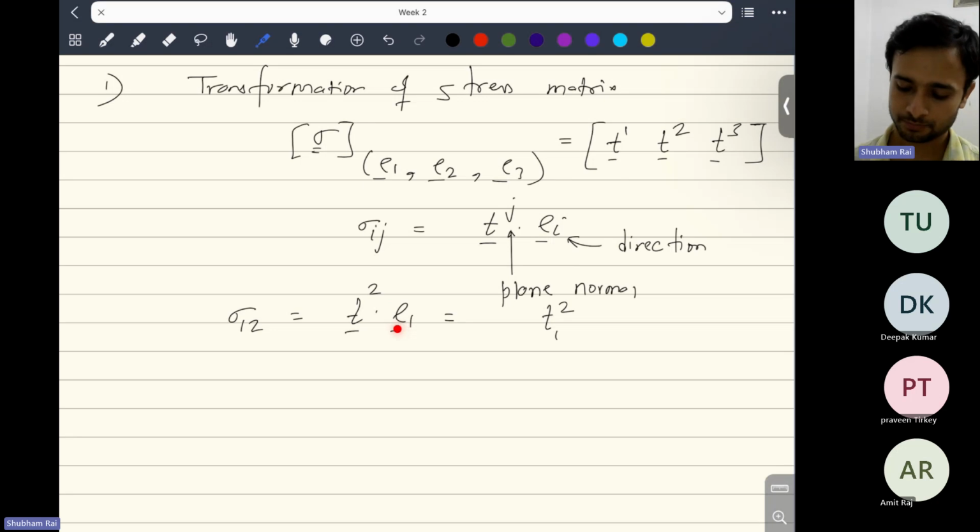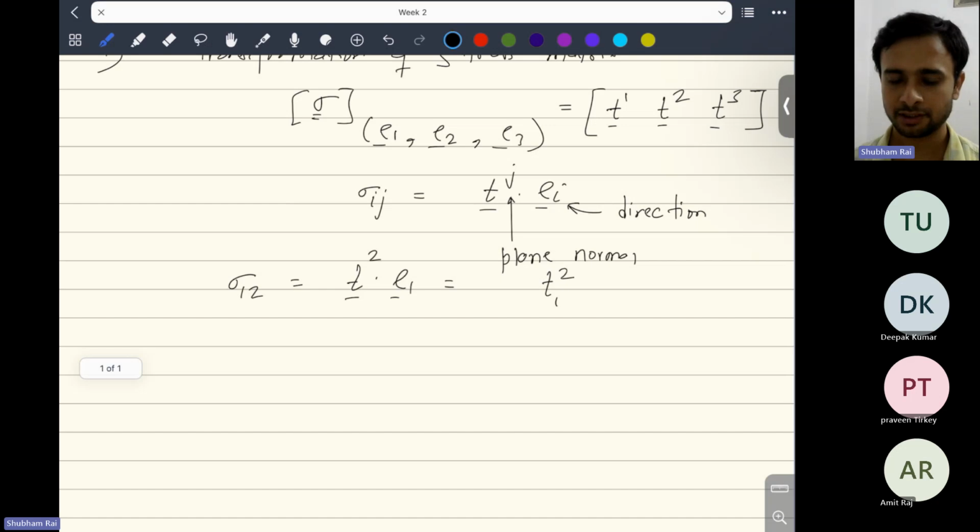Okay, so that will give you the first component of traction vector. I mean, first component of any traction vector in E1, E2, E3 coordinate system will be in direction E1. So that will give you first component of the traction vector on a plane with plane normal E2. Okay, so this is another notation. This you would have studied in week 1 classes.